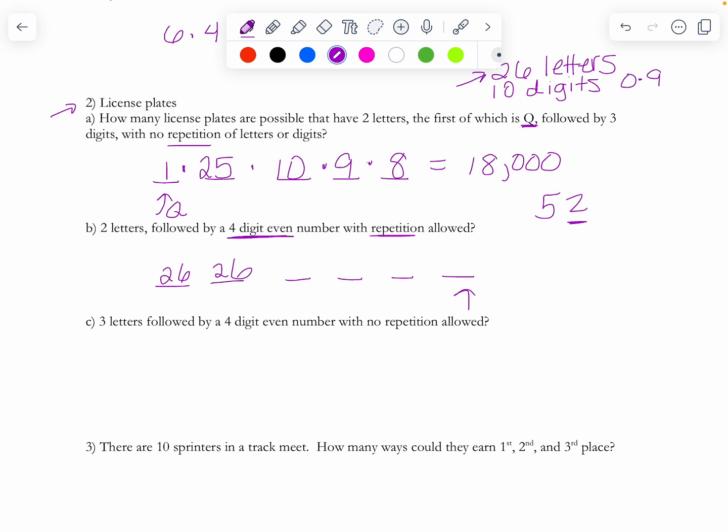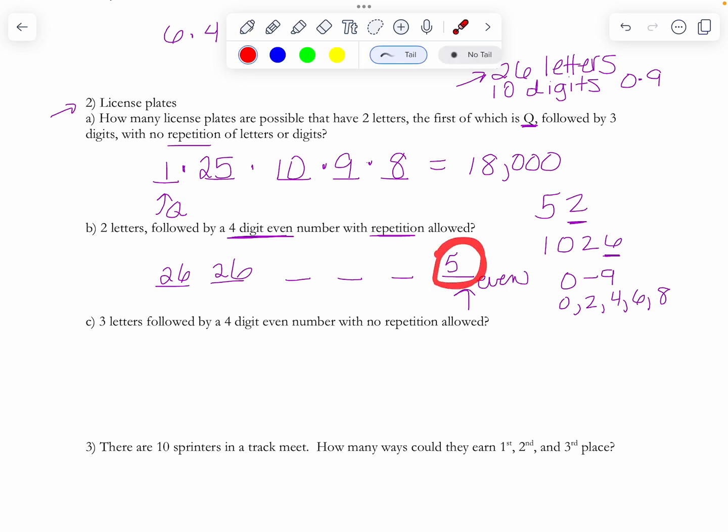If I think about 1026, this last digit is what has to be even. Out of my digits 0 through 9, my even numbers are 0, 2, 4, 6, and 8. I have 5 choices. That's the only spot I have to worry about.